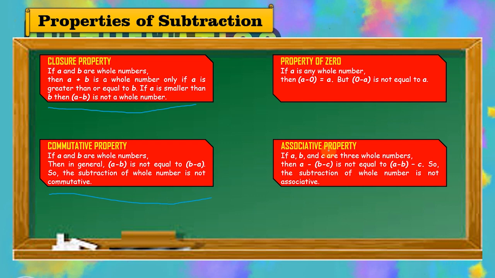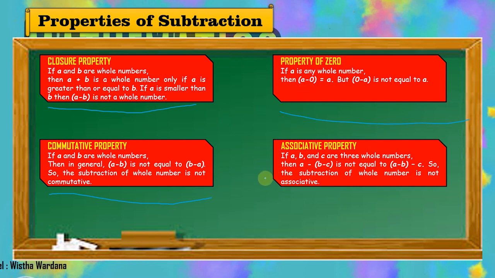If A is any whole number, then A minus 0 equal to A, but 0 minus A is not equal to A. So in general, subtraction of whole number does not satisfy property of 0, but it will satisfy property of 0 if and only if A minus 0.